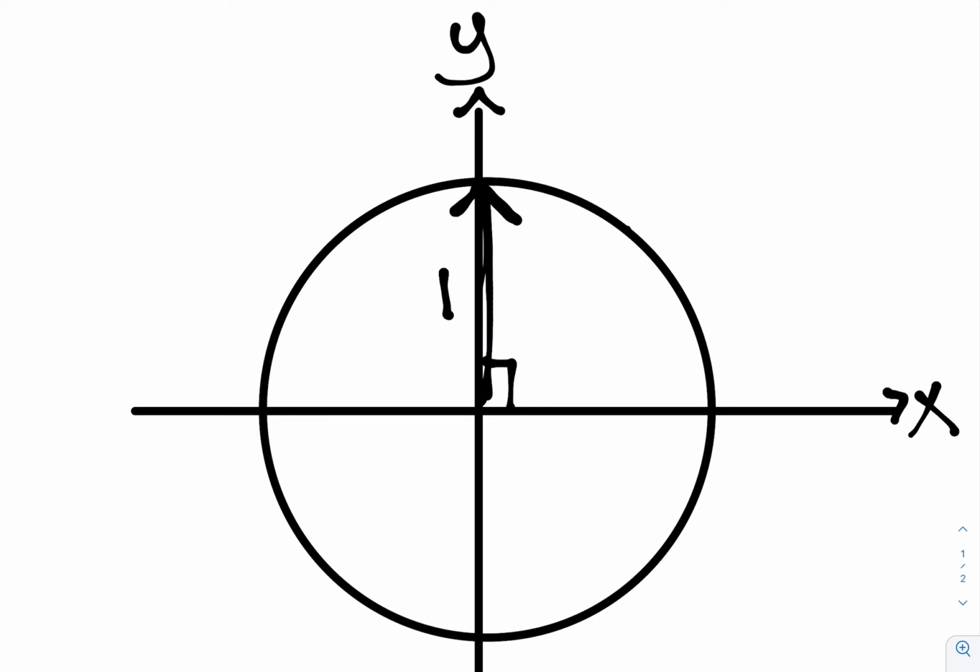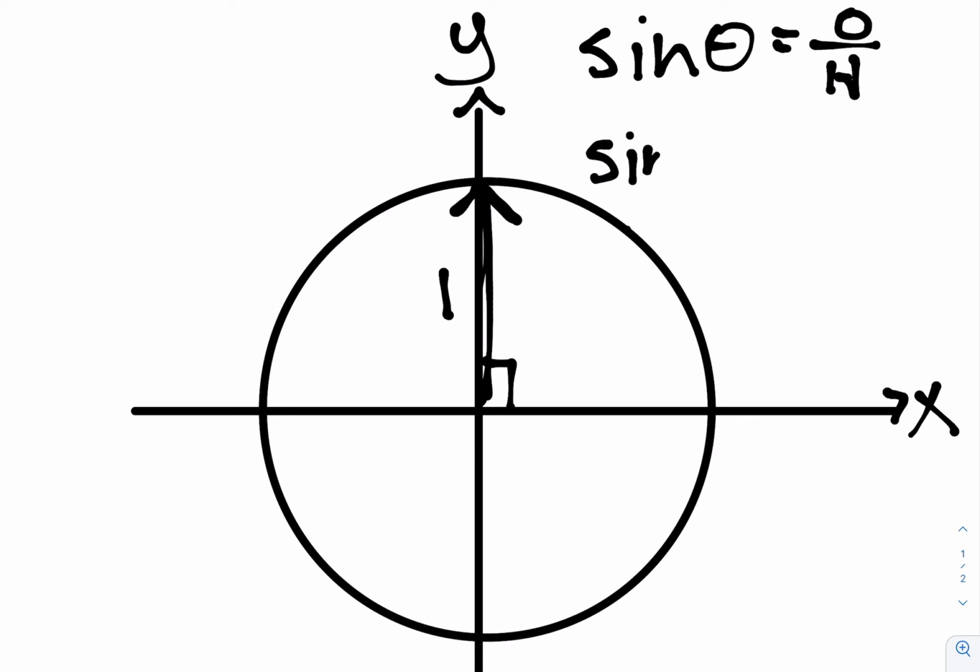So if this is our angle theta, well, the sine of theta is o over h, and the sine of pi over 2, well, we're just going to think about what the opposite and the hypotenuse are. Remember, the hypotenuse is always 1 because we're on the unit circle. And the opposite side, that's just going to be the height that it gains, right?